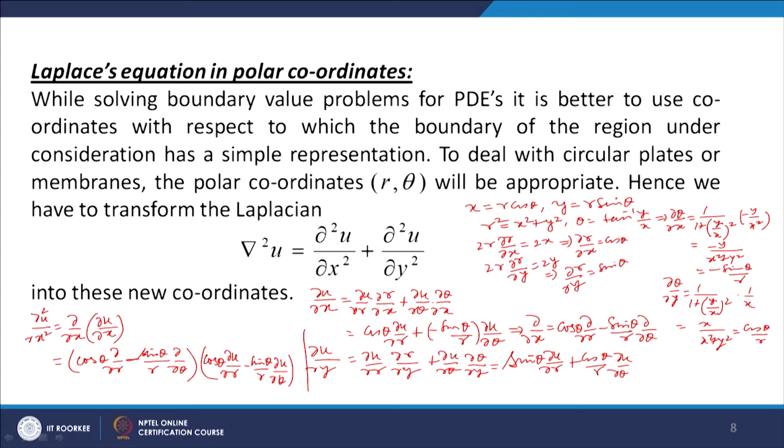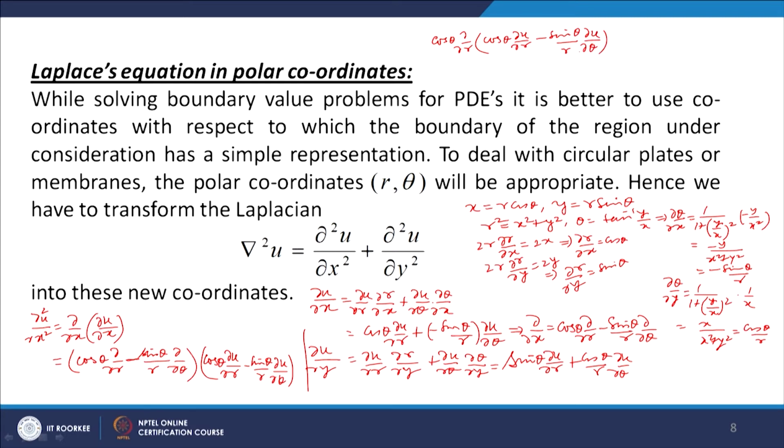Okay. Now, let us apply cos θ ∂/∂r to this. So, what do we get? Cos θ ∂/∂r of cos θ ∂u/∂r minus sin θ over r ∂u/∂θ.